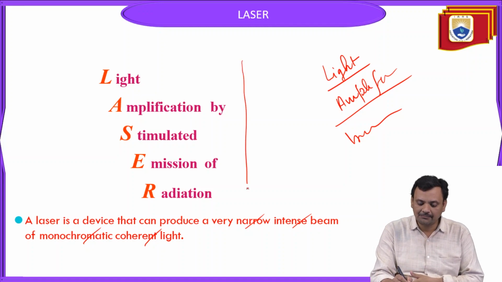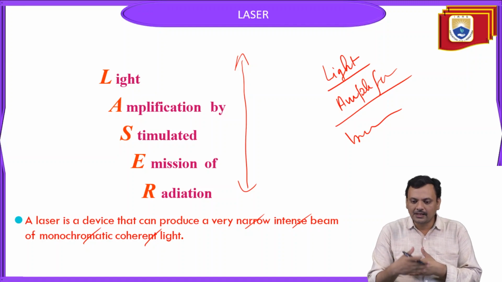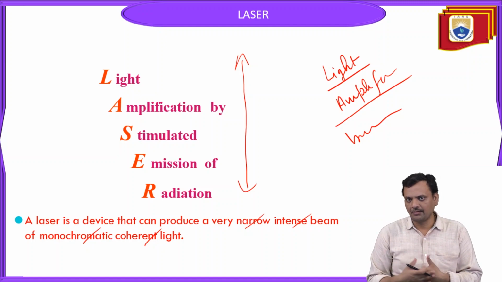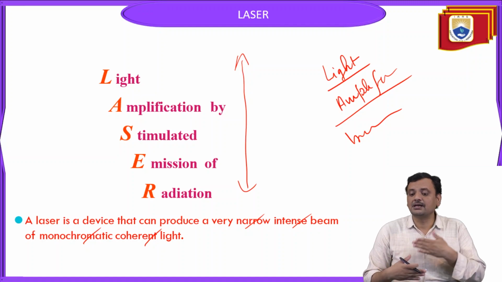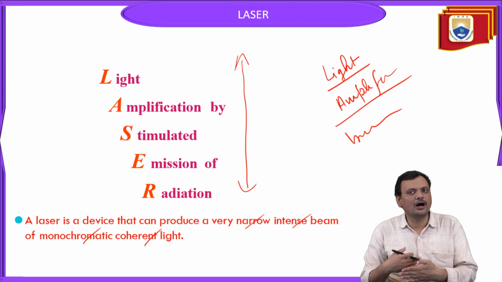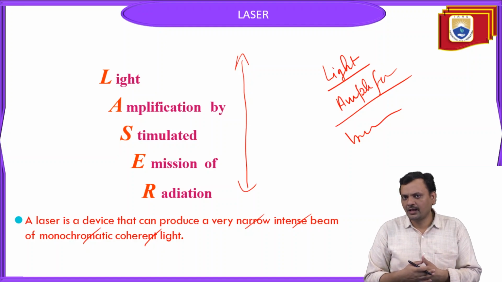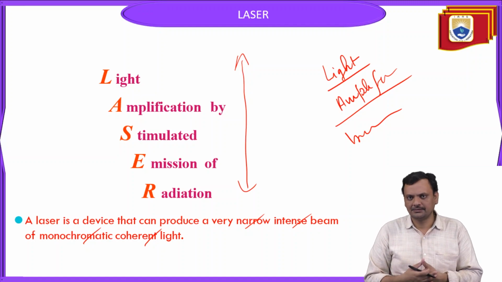But this is the full form of laser. If light is generated or amplified with the help of one phenomenon named stimulated emission of radiation. Amplification means something is already present, and that thing will be amplified; its intensity or amplitude will increase.